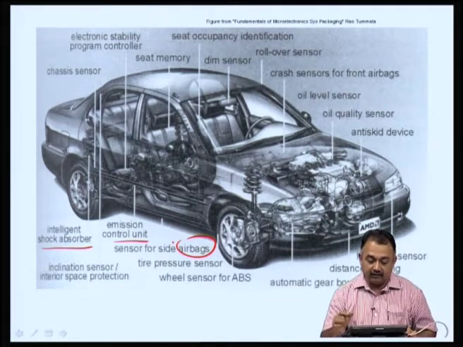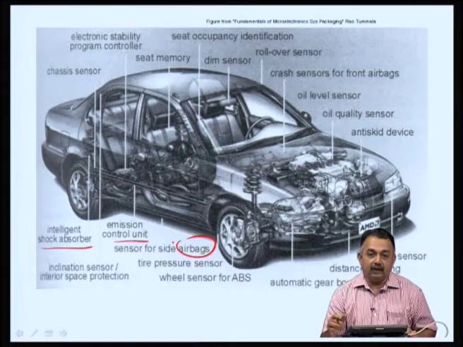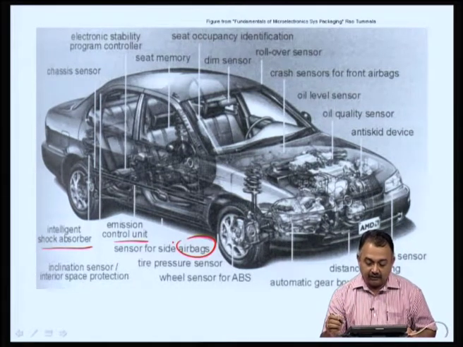So, safety is one thing. When you include electronic systems in automobiles, you look at safety. Then there are other situations which continuously need to be monitored.